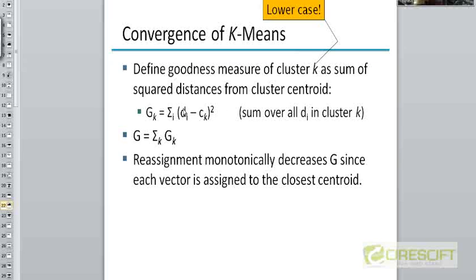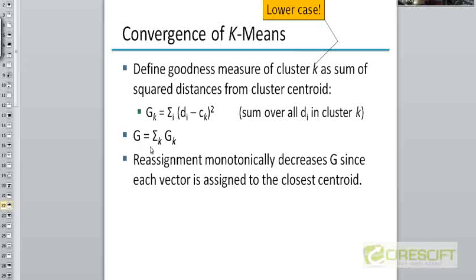So di minus ck squared is a measure of how far document i is from the centroid. And we are adding up these squares of the distances for each document in the cluster. We do this for every cluster, compute this measure for every cluster, and then add up those measures. And we call the overall sum G.